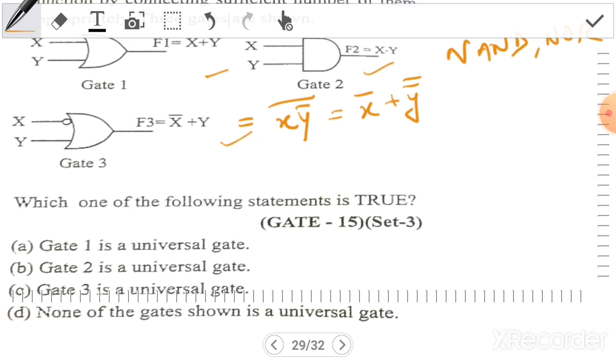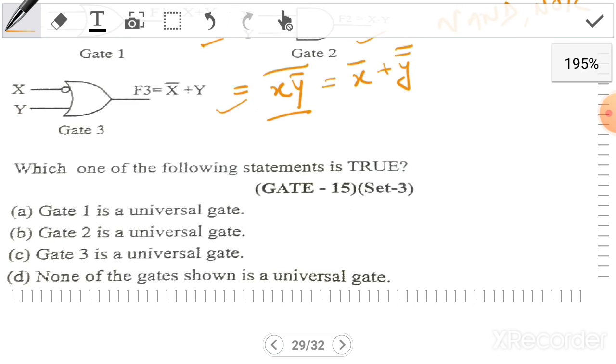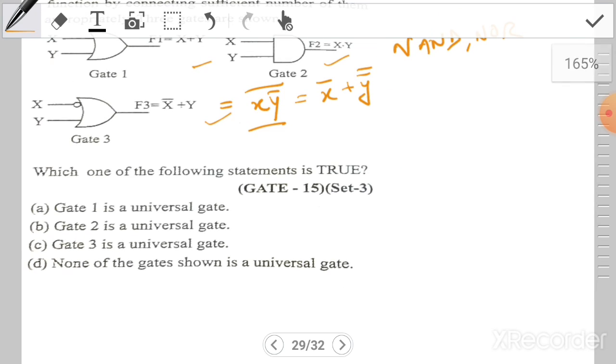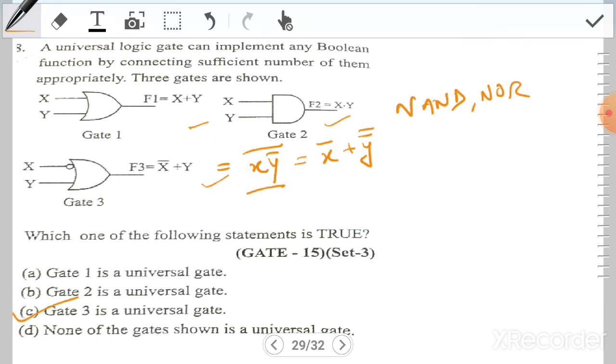So in gate number 3, we are getting a NAND gate expression. So gate number 3 is a universal gate. Okay, clear?